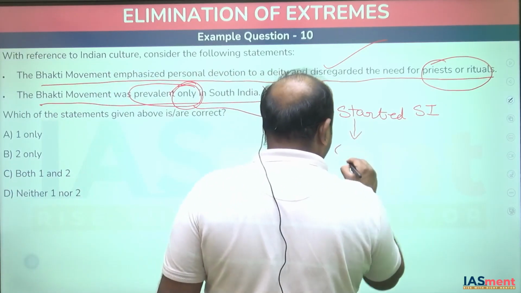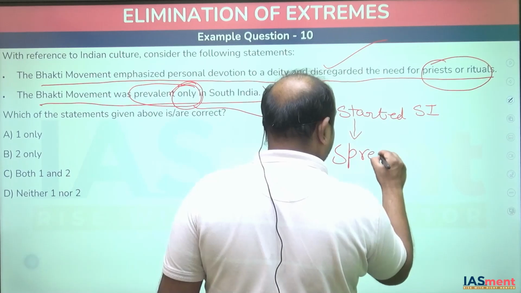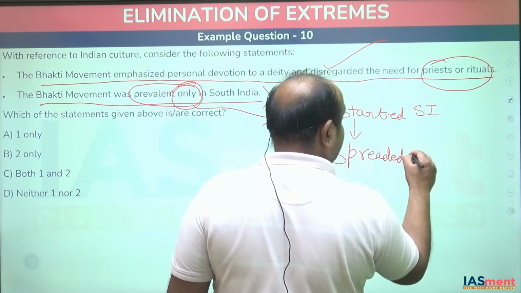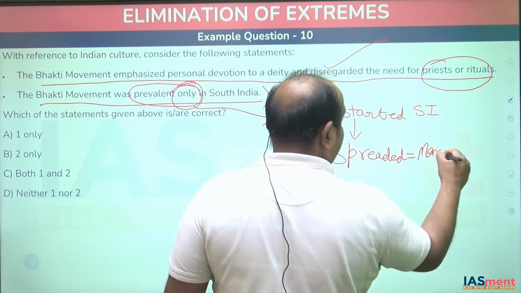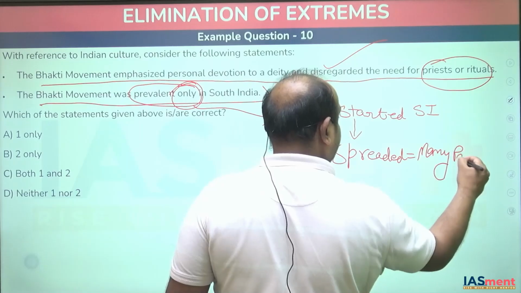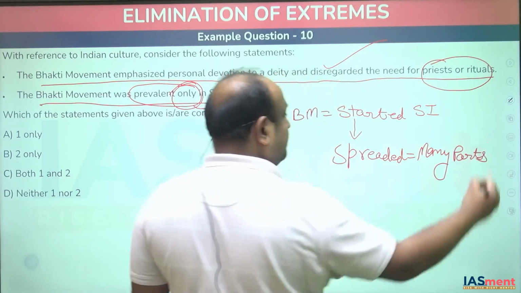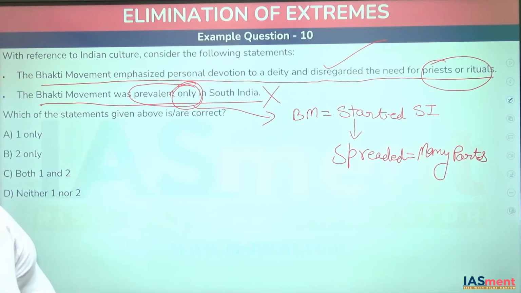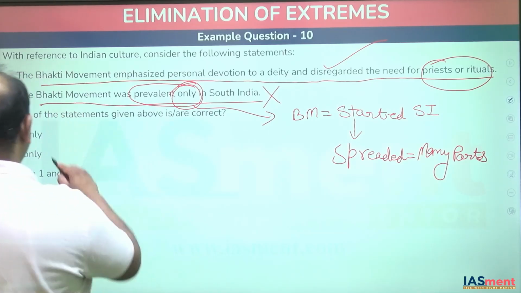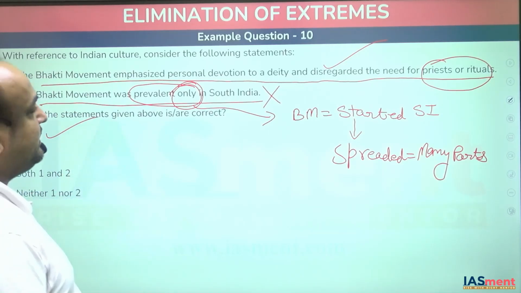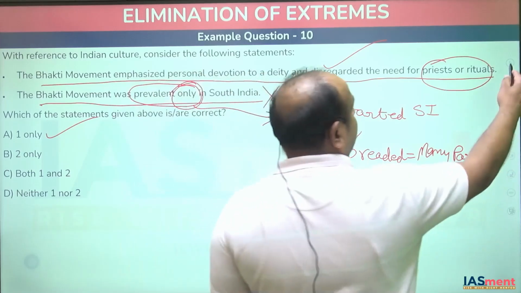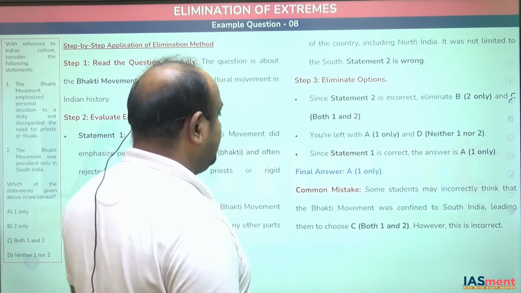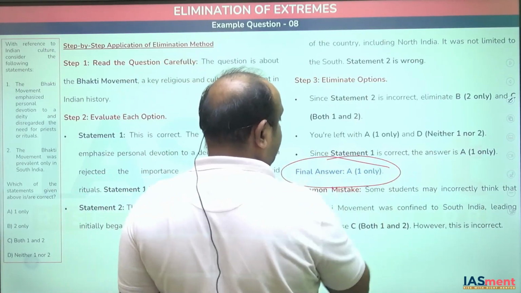It spread in many parts. ठीक है? इसलिए A should be the correct answer. Let's see. See. Final answer.